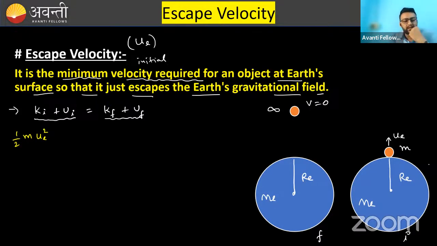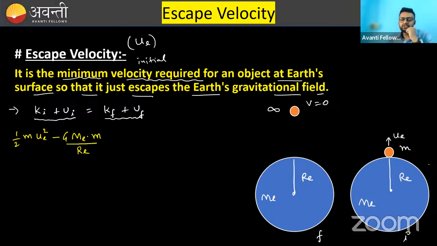And if I write the potential energy, you have learned about it in the previous lecture, I think lecture three, that potential energy is minus G m₁ m₂ upon r. That was the gravitational potential energy you have learned. So I will write directly that potential energy is minus G, mass of the Earth is Mₑ, into mass of the particle m, divided by the separation. Separation is Rₑ.